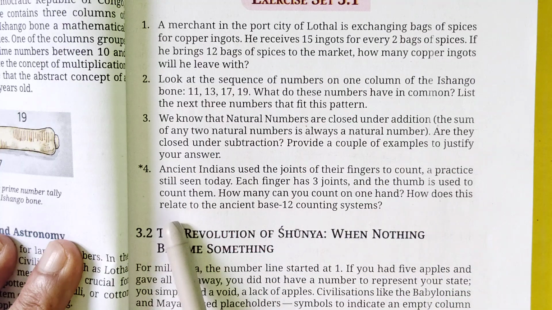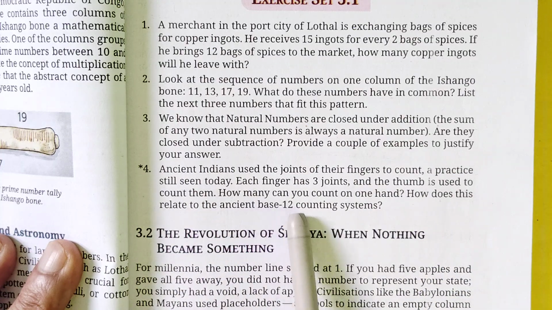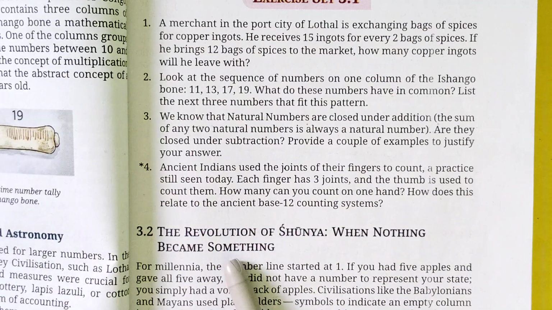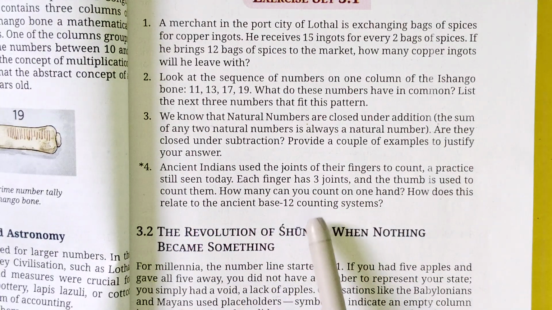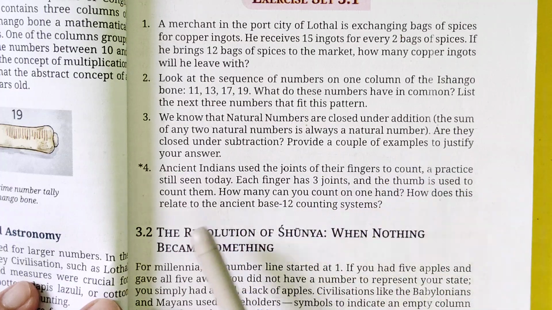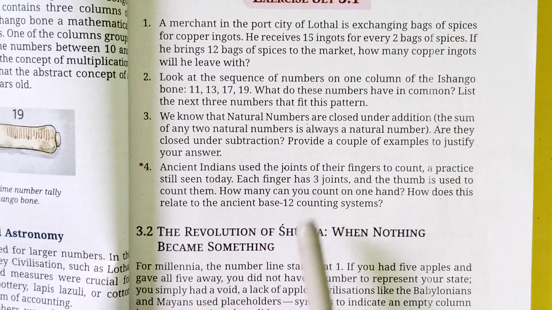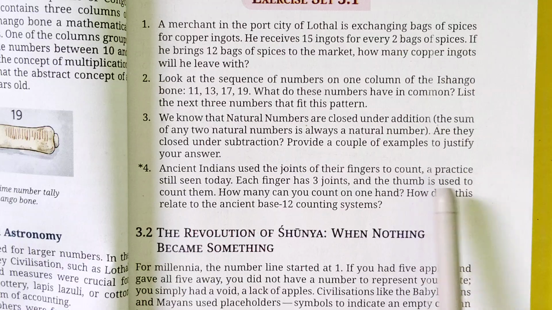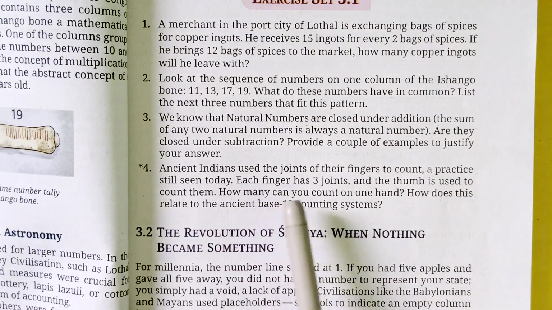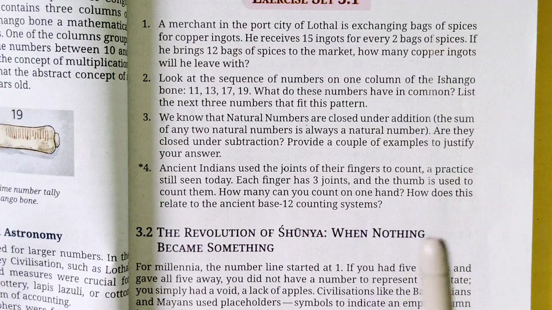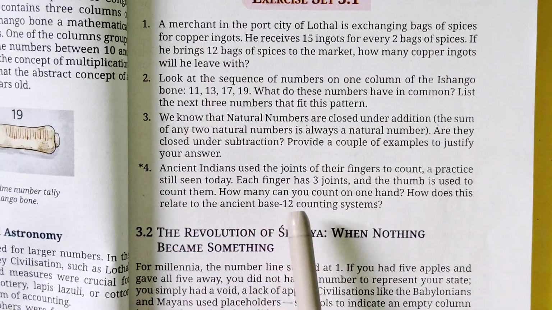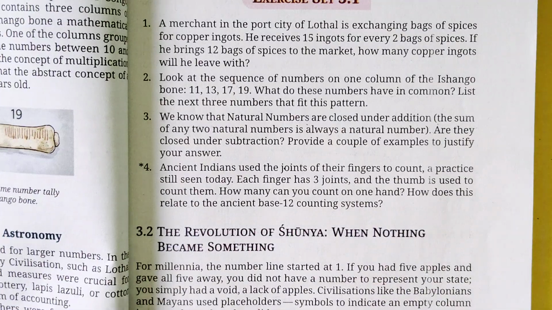How does this relate to the ancient base 12 counting system? So in the olden days, people were counting by using the joints of their fingers.